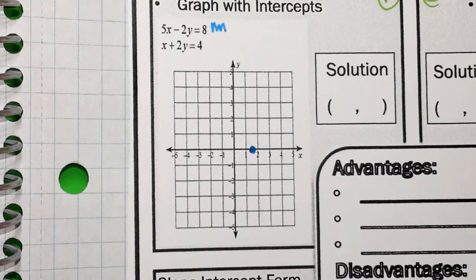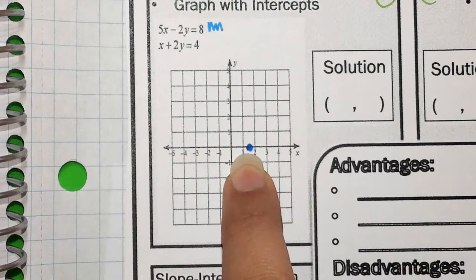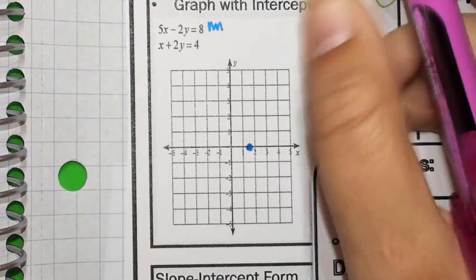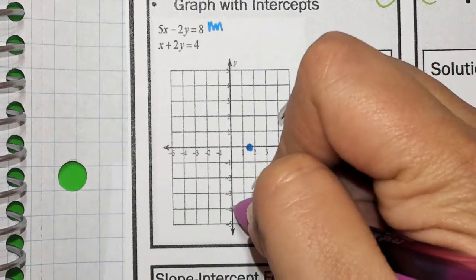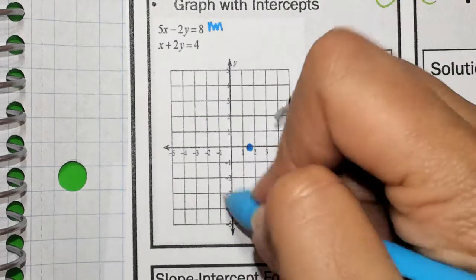Okay, so it's 1.6, so it's in between those. Now, what was our y-intercept? Negative 4. So do I go left 4 or down 4? Down. I need to put that in blue.